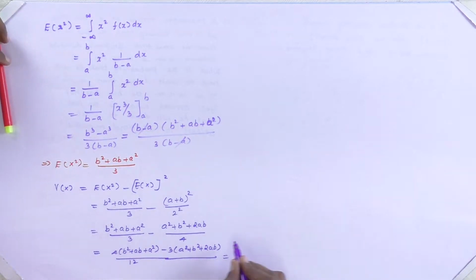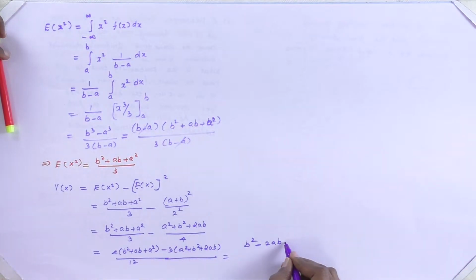Okay, now simplifying this, here we have 4b square minus 3b square, so totally we have 1b square. Here 4ab minus 6ab, take the difference, minus 2ab. Next, 4a square minus 3a square, we get 1a square, divided by 12.